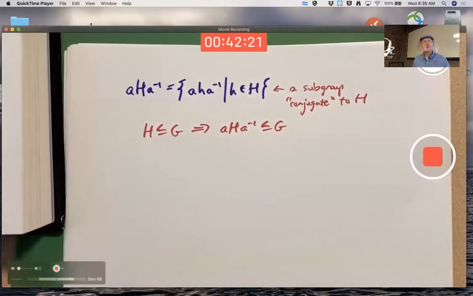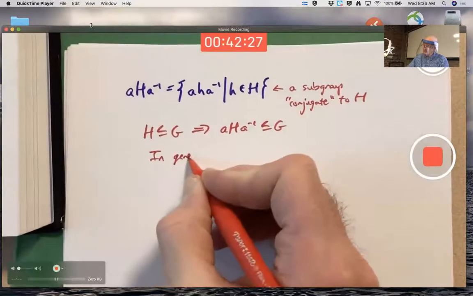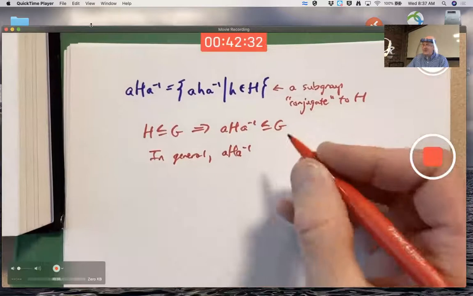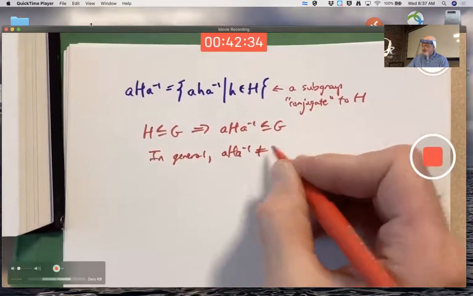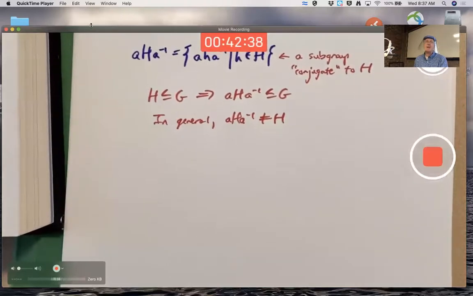It's not necessarily equal to H in general. In general, a H a inverse, this subgroup conjugate to H, is not equal to H. It will be a subgroup of G, but not necessarily H.